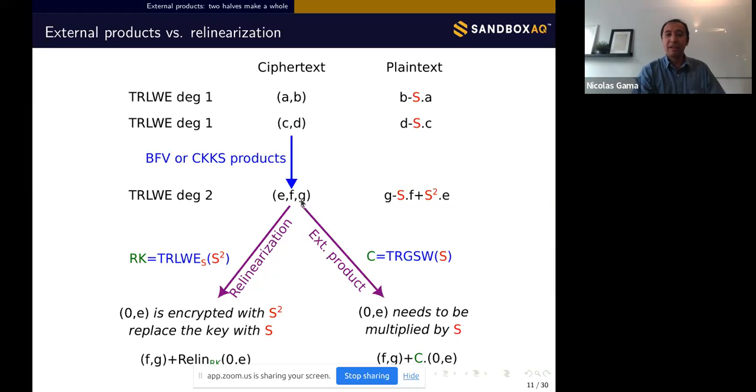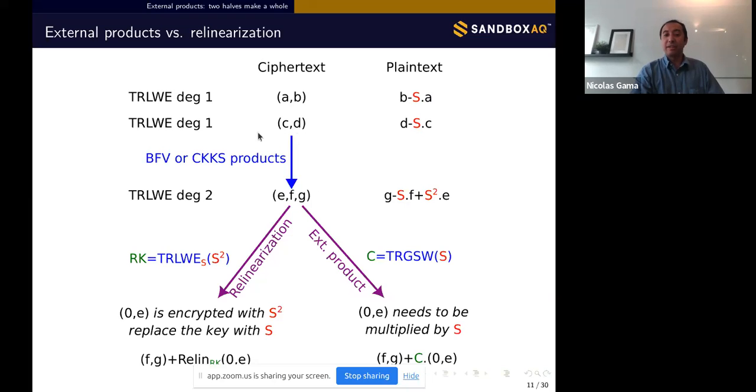So basically, how does internal product work? So we have as input two ciphertexts, so ring LWE ciphertexts, let's say A, B, C, D. So these are ciphertexts of degree 1, so it means the decryption function is a degree 1 polynomial in S. So B minus SA to decrypt the first one, D minus SC to decrypt the second one.